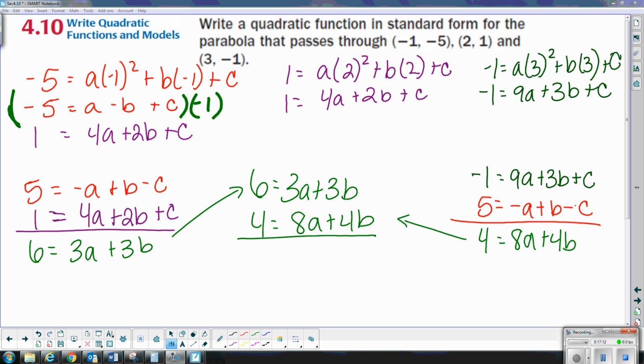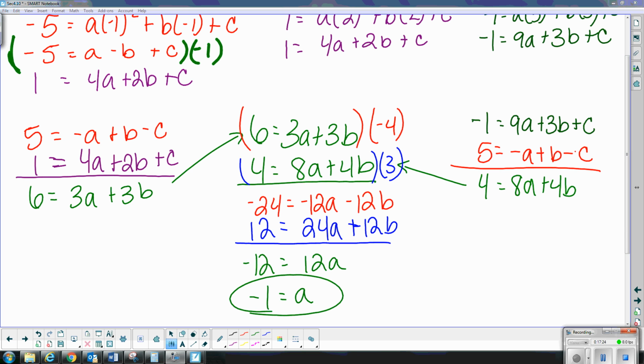And within these two new equations, I'm going to choose to also use elimination, and I'm going to eliminate B so that I can solve for A. And when I did this, I got A equals -1. So whatever equations you use or whatever method you use, you should get a solution for A as -1.